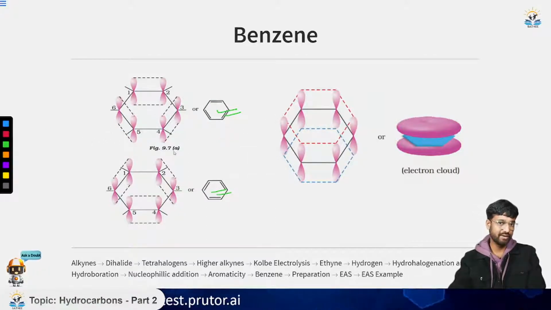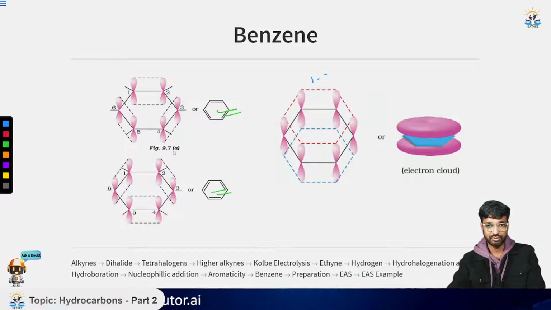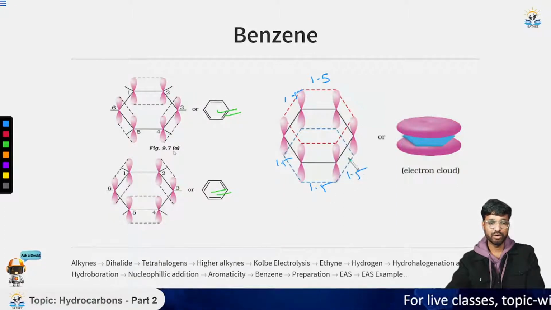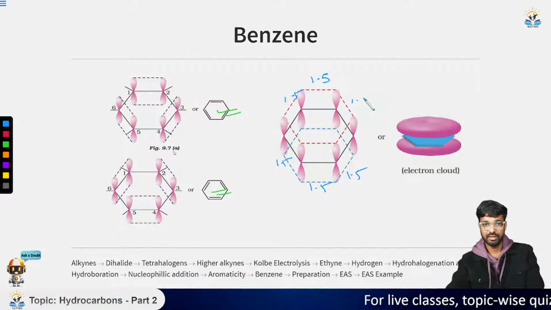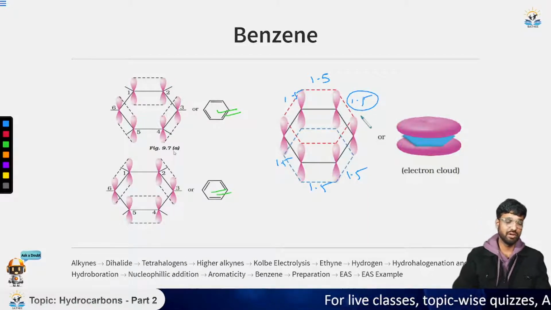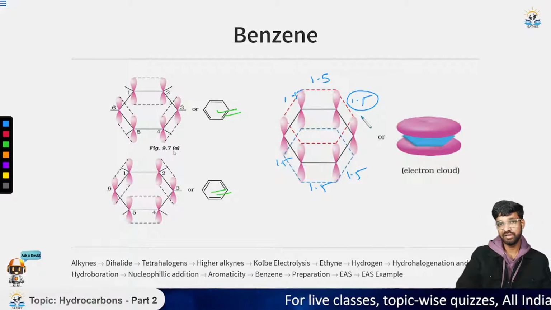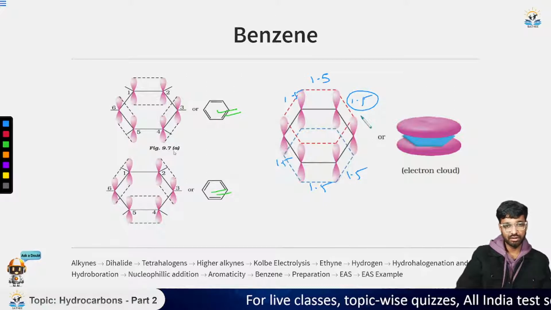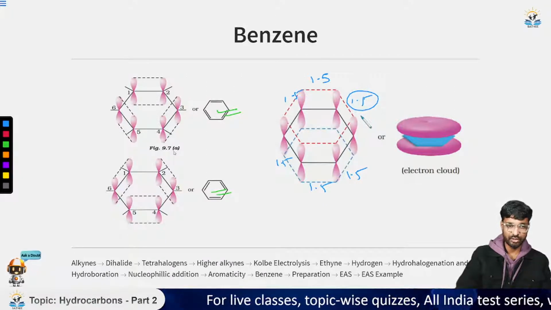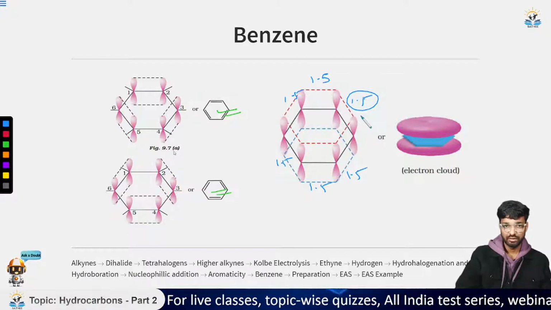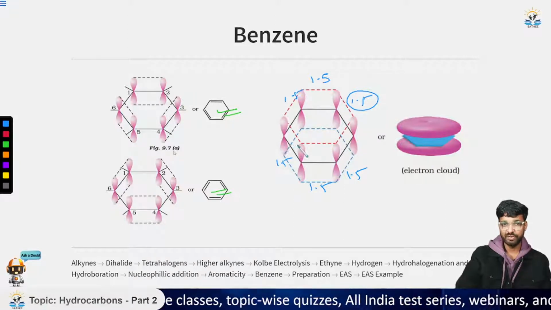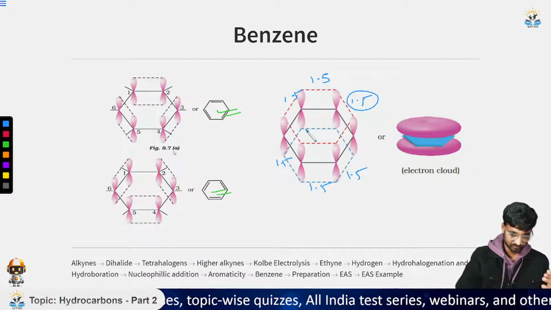You can say it is a kind of 1.5 contribution to all of these. So the bond order is 1.5 for each of these. Not 1, not 2, it is in the middle. Because when we calculated the bond length, it was seen that its bond length was not of the single bond nor of the double bond. It was in the middle of both of these. So the bond order was considered to be 1.5.